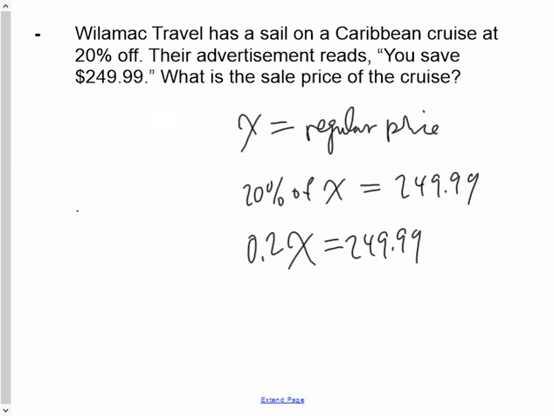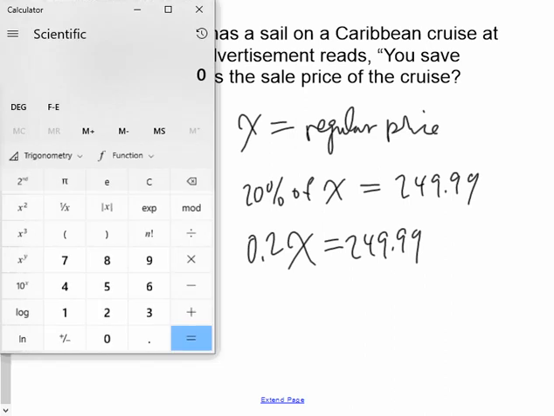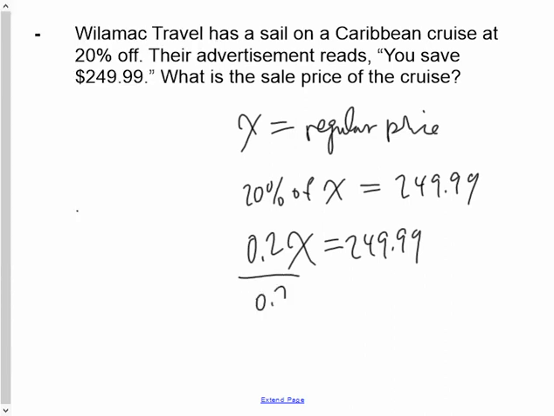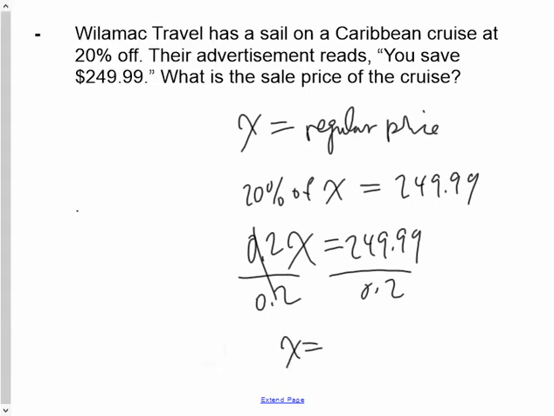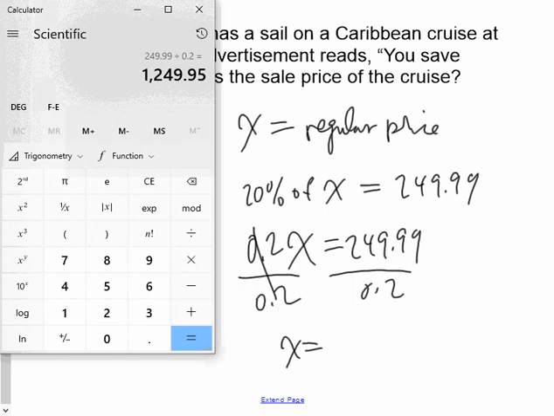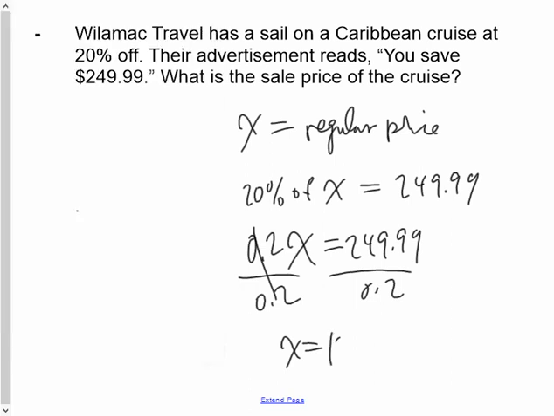And therefore, I'm going to divide both sides by 0.2. $249.99 divided by 0.2 tells me that the regular price of the trip was $1,249.95. But we're not done, because that's not the question.